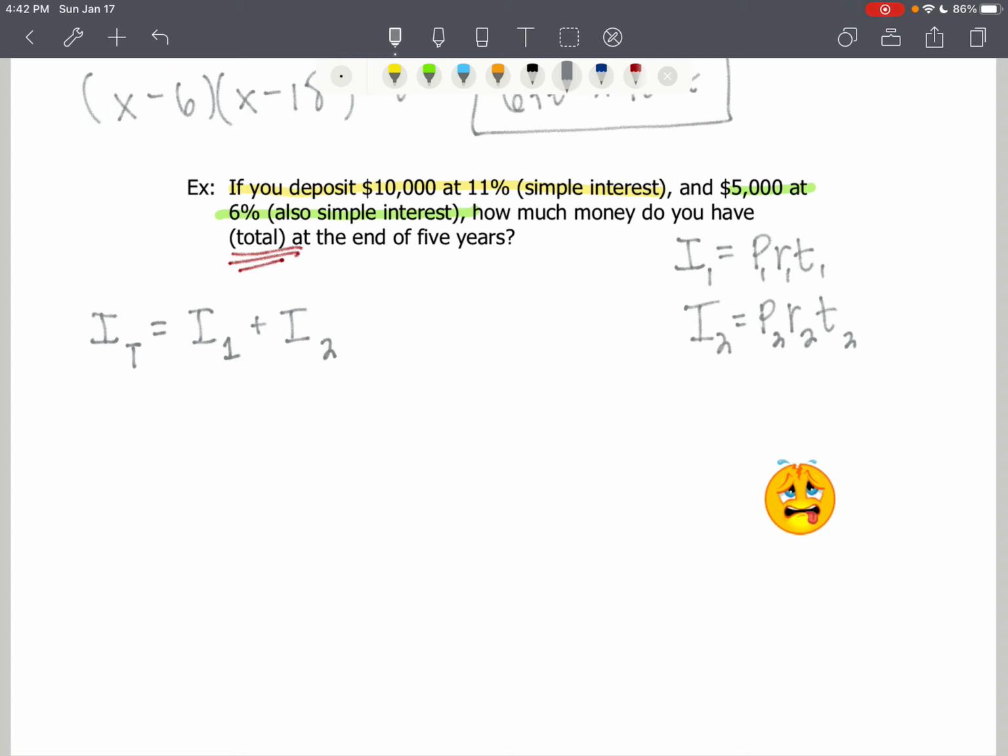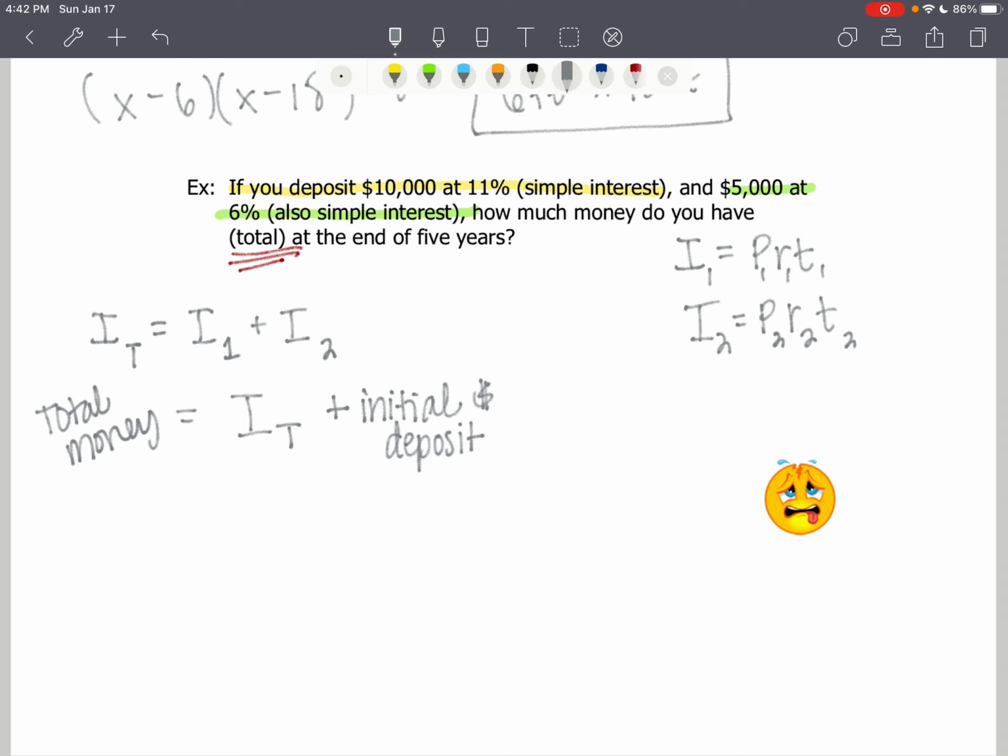However, the total money that we have is going to equal the total interest plus the initial dollar amount that we deposit.